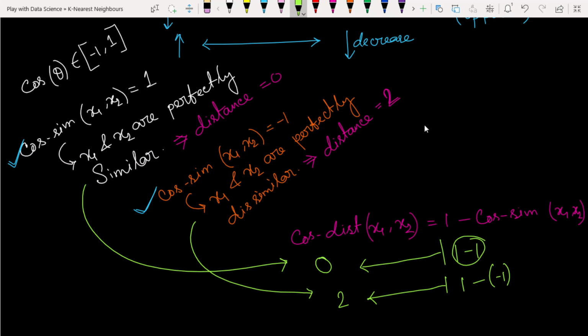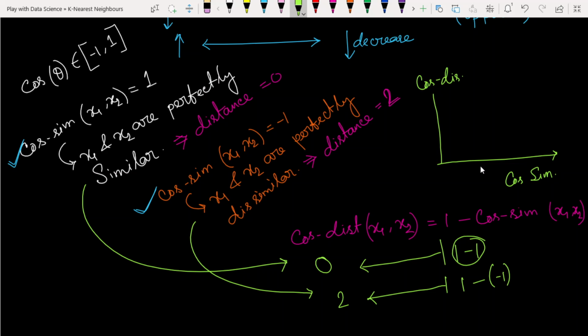For example, if you draw this picture, it will be like this. Suppose this is our similarity function, the cosine similarity, and this is the cosine distance function.